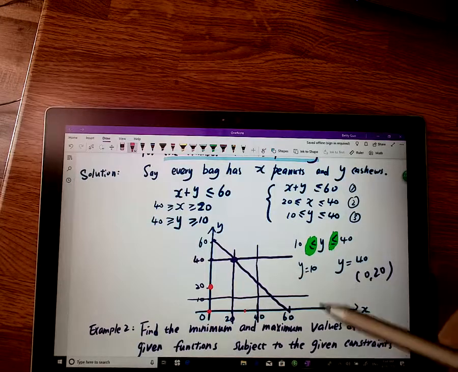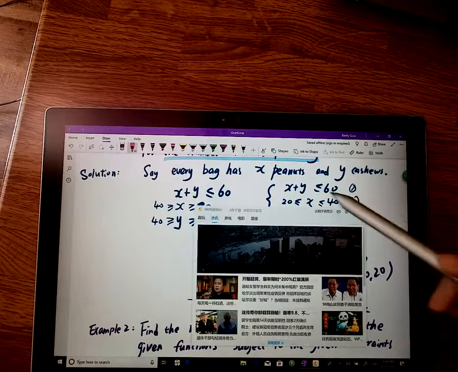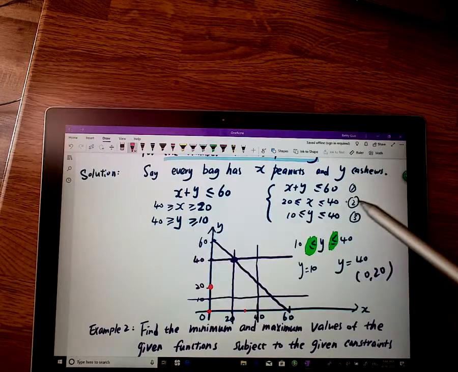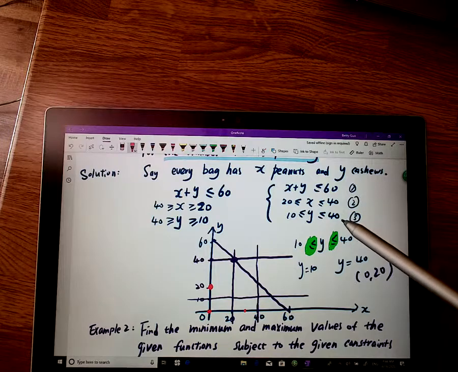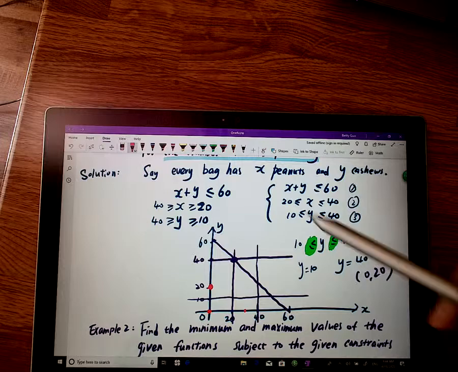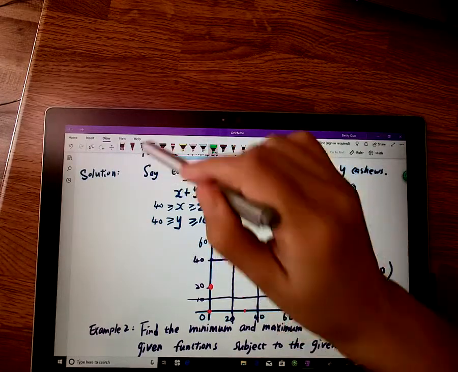Okay, so you would remember what I said for the solution sets of all three inequalities, right? And now we need to find the common part. What is the common part?